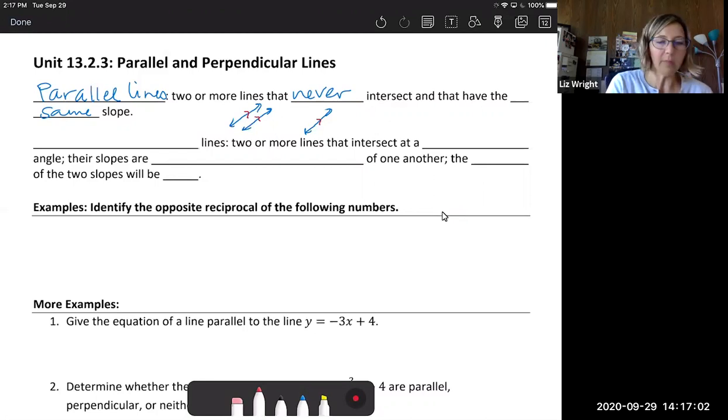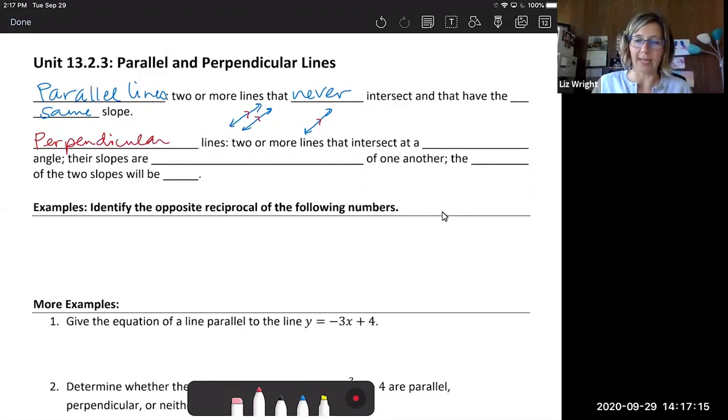The next definition we're going to fill in is perpendicular. So perpendicular lines are two or more lines that intersect at a 90-degree angle. And their slopes are going to be opposite reciprocals of one another.